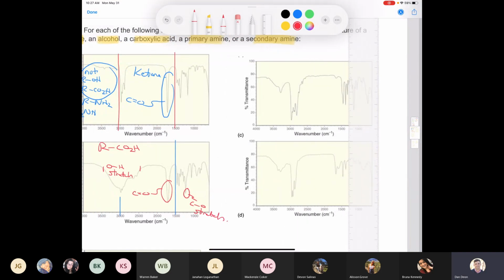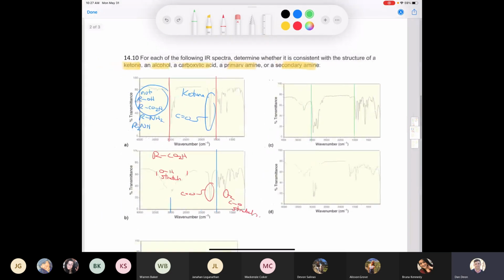C isn't as easy, I don't think, but I'll see if my students have an idea. Does anybody have an idea in C? C is trickier. Yeah, somebody's saying an amine, and I agree. If you look here, there's no carbonyl, so it's not a ketone, it's not a carboxylic acid.